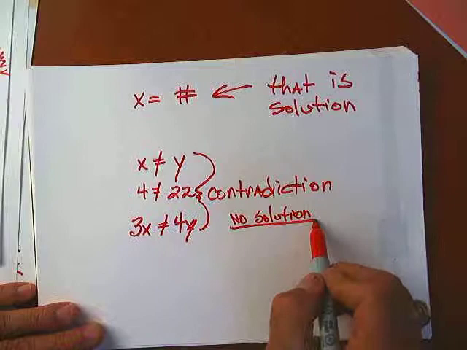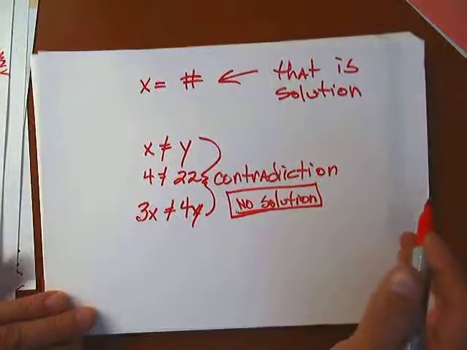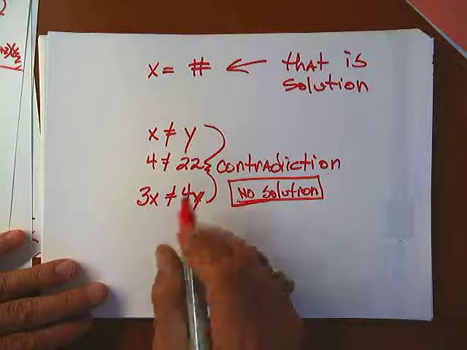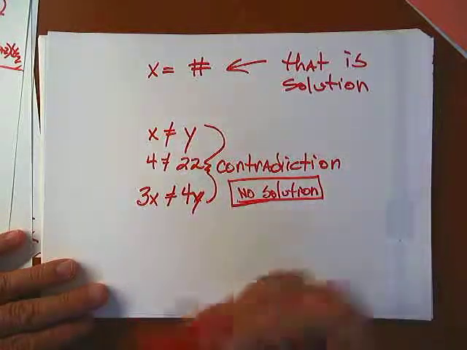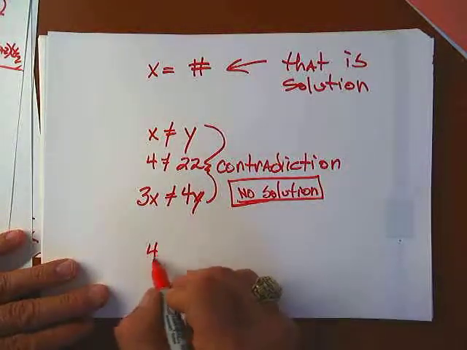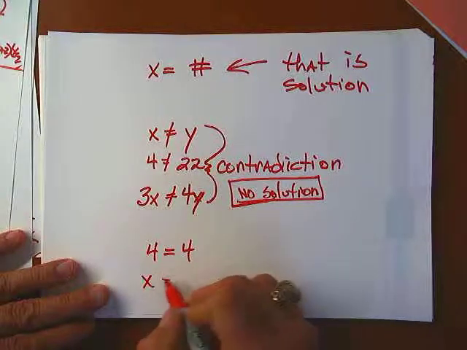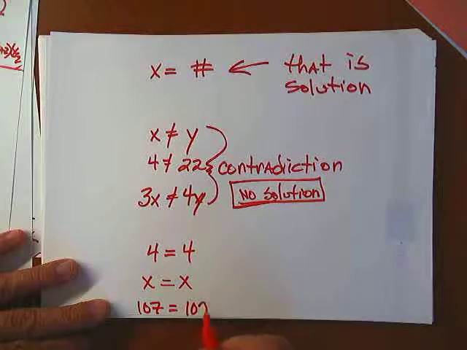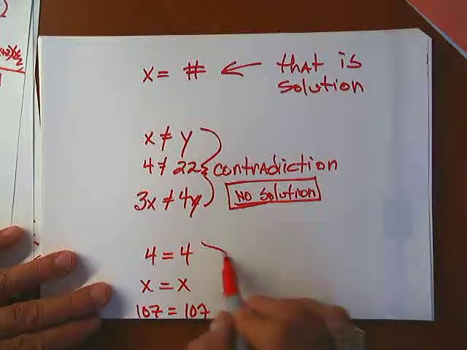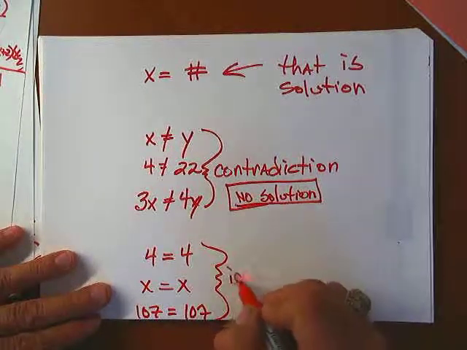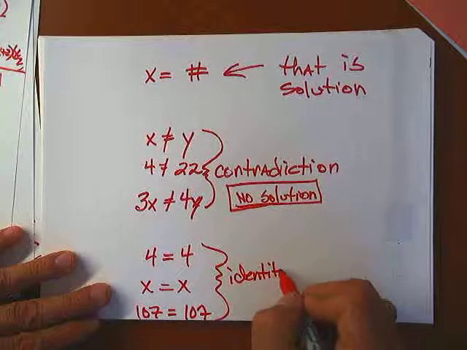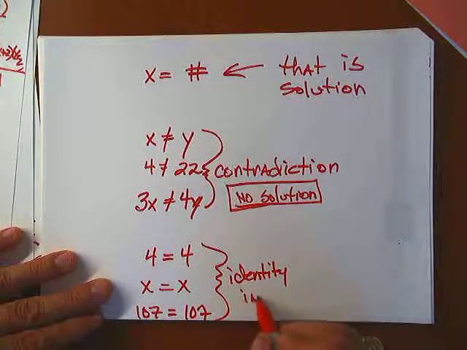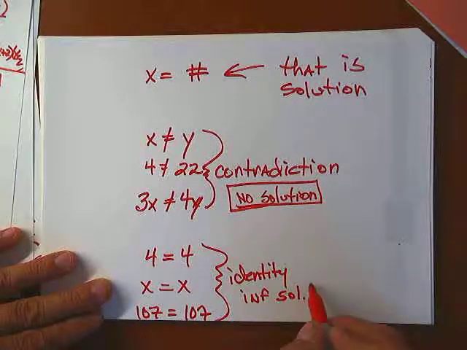Then what you have is a contradiction, and a contradiction means you have no solution. So if you get something funny or you get something that's not factorable, basically your answer is no solution, or it's prime.